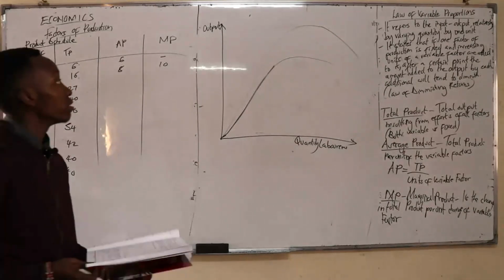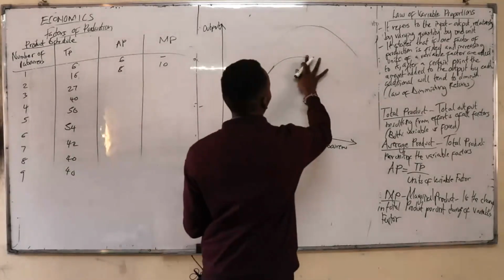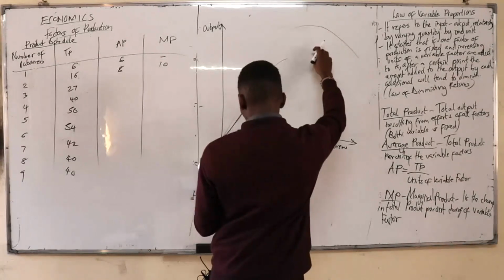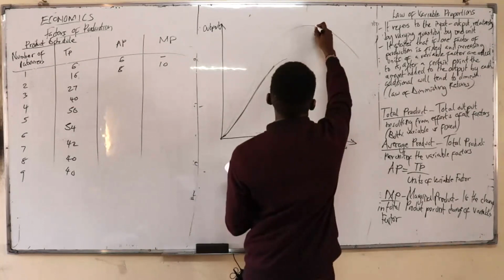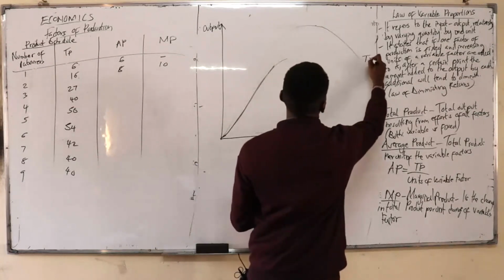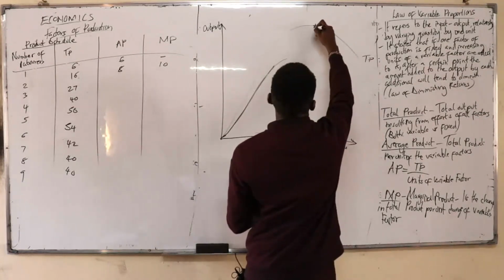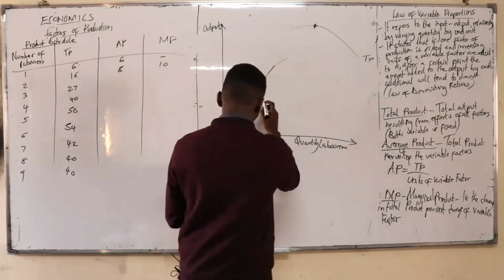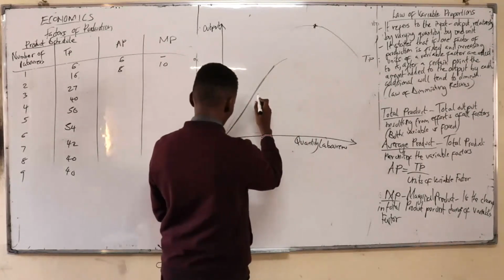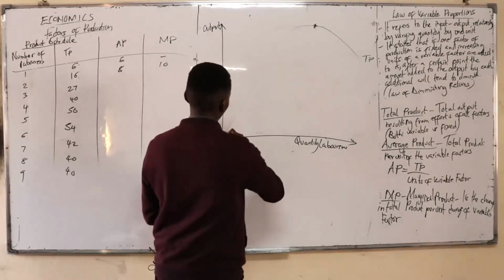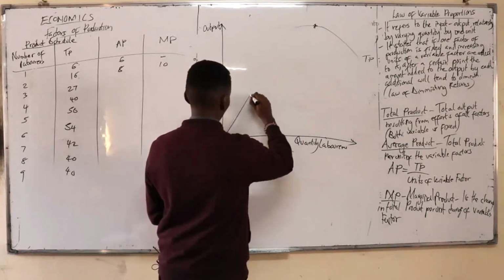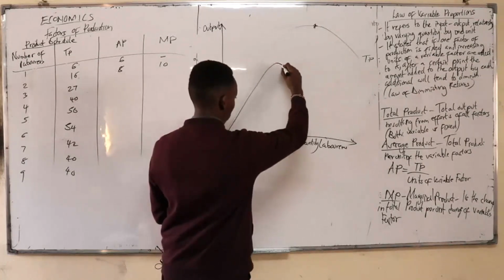And then, at the highest level of the total product, this is the total product curve. At this point right here, this is where the marginal product is supposed to be at 0. So you have something like this.